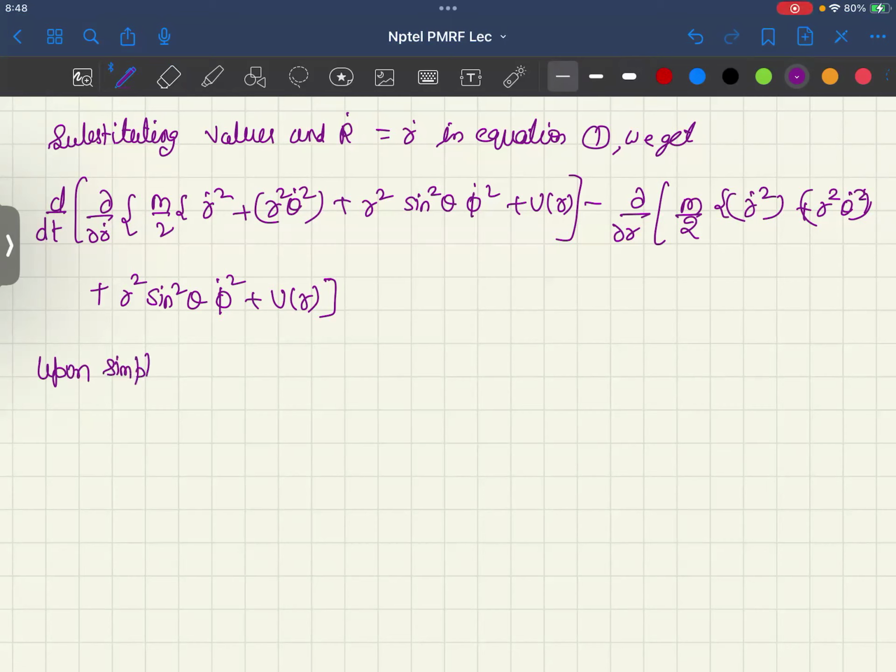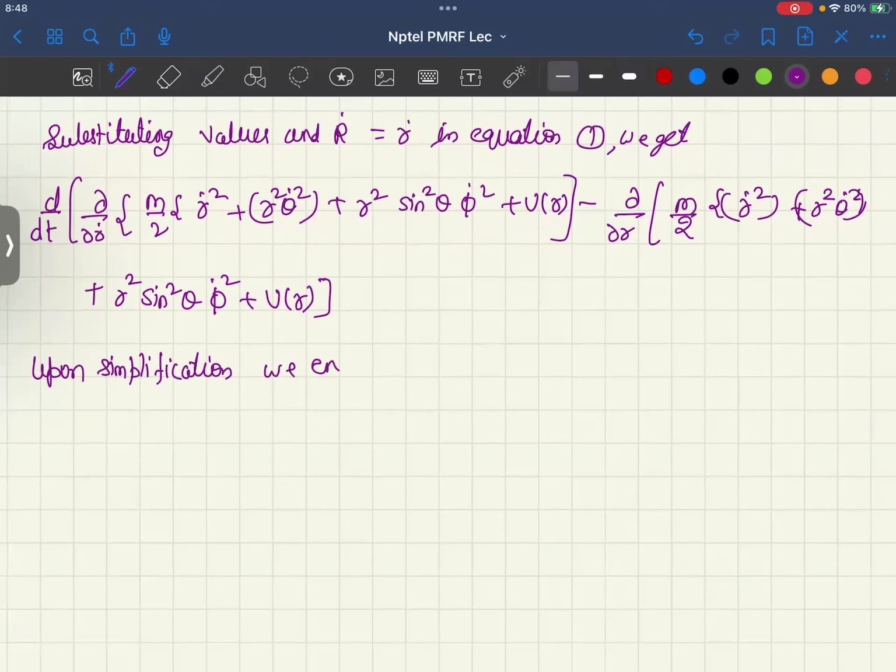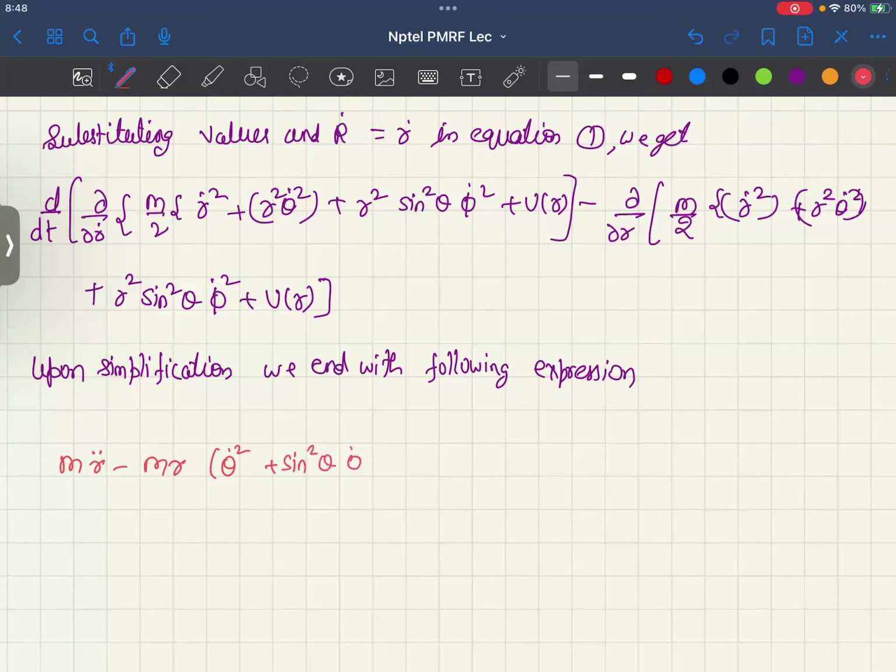Upon simplification, we end up with the following expression, which is m r double dot minus m r (theta dot square plus sin square theta phi dot square) plus dou by dou r of U of r.